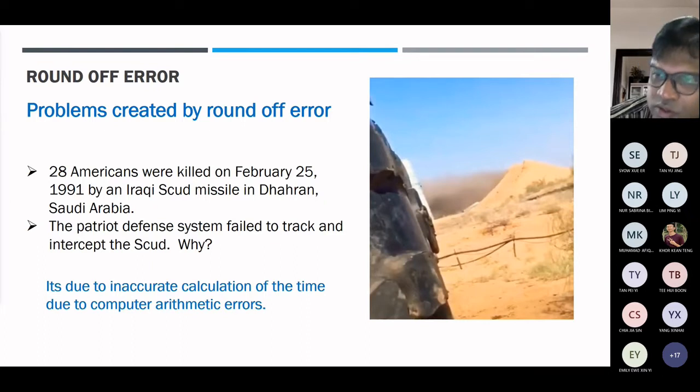It was caused by the round off error in the computer. The computer is not making an arithmetic mistake; it only contains a limited number of bits to compute the solutions. The Patriot defense system failed to track and intercept the Scud. Why?